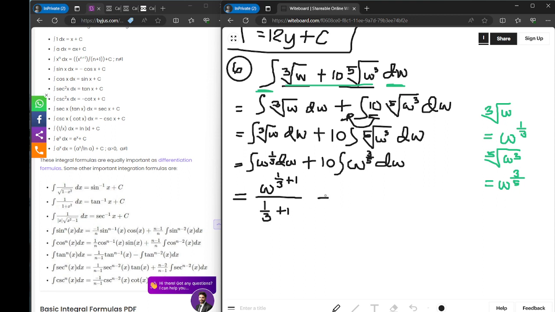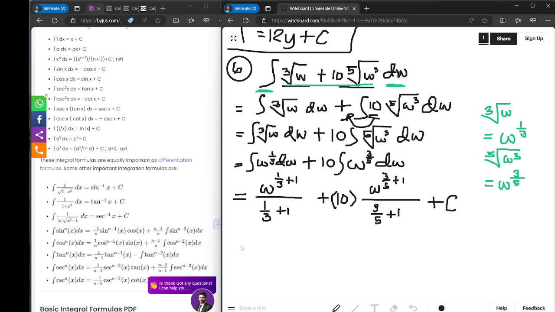Then plus 10 times w raised to power of 3 over 5 plus 1 over 3 over 5 plus 1. And we should not forget to write plus C.